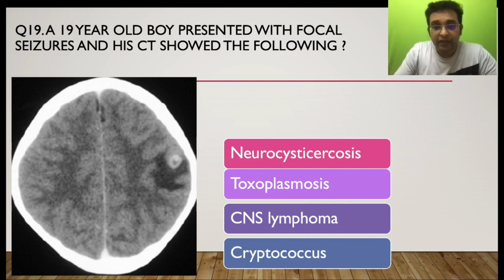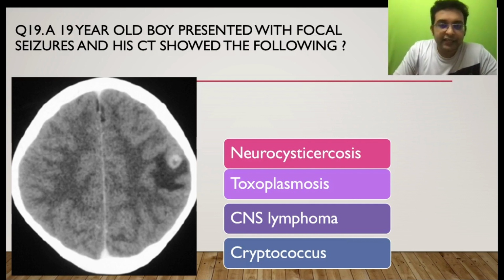I'll tell you why. For the patient to be having CNS lymphoma, toxoplasmosis, etc., the question should have described an immunocompromised patient, most likely. Even cryptococcus should have been an immunocompromised patient. But for neurocysticercosis, it's not needed. That is one of the clues.